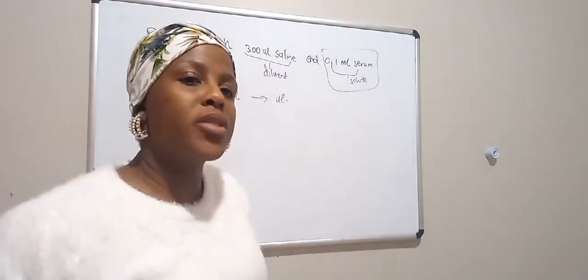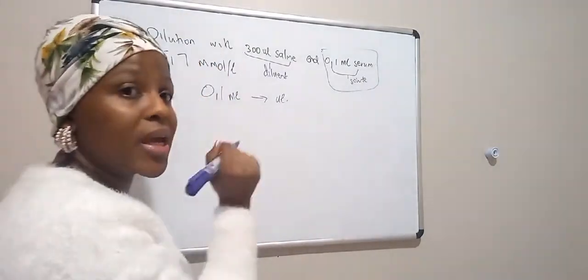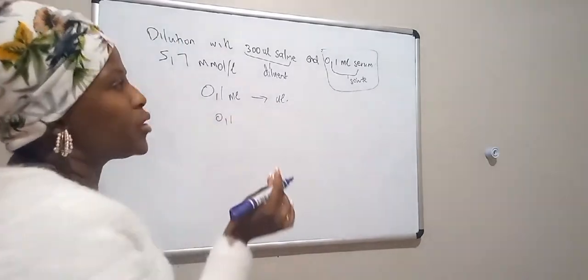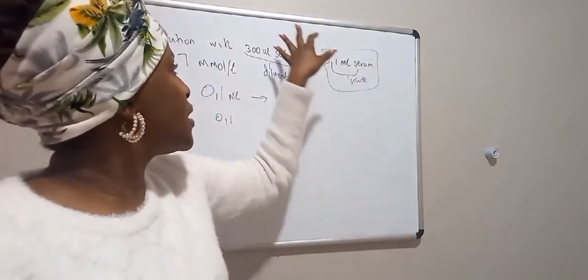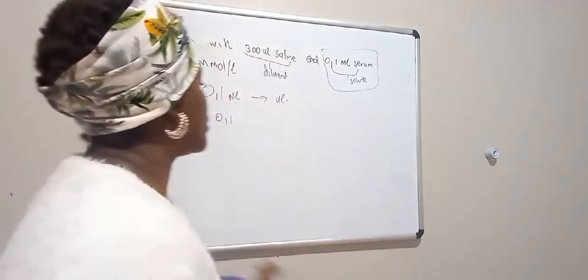So going back to our conversions using exponents, we have 0.1, and mils are bigger than microliters, so it means we are moving down. So we are going to multiply.